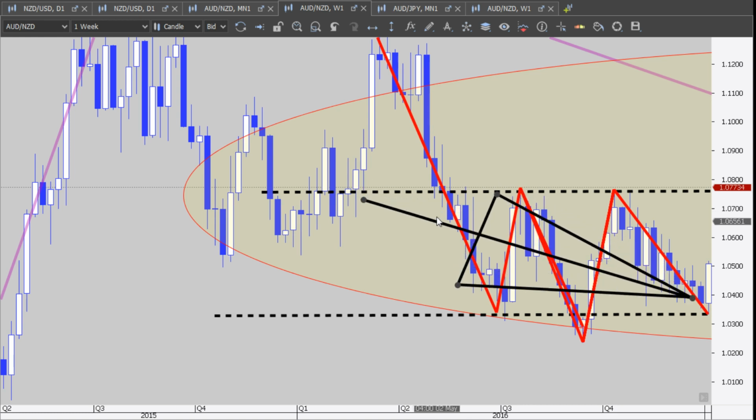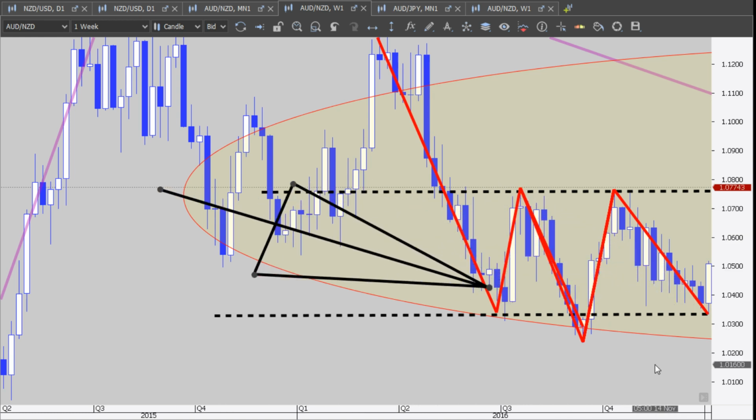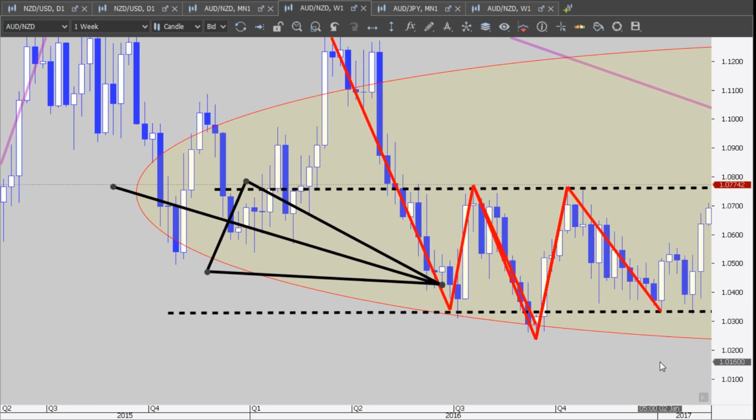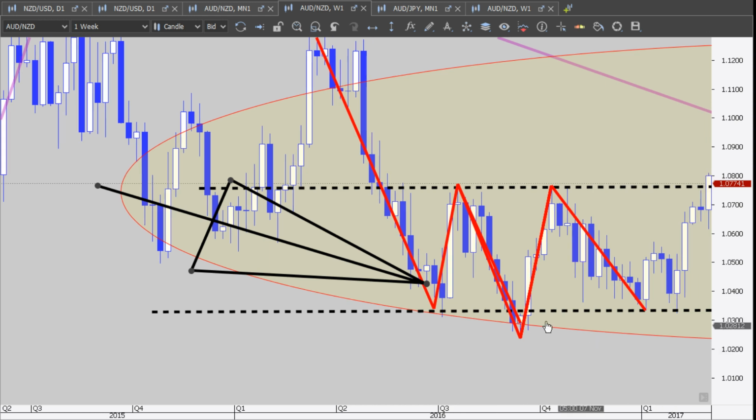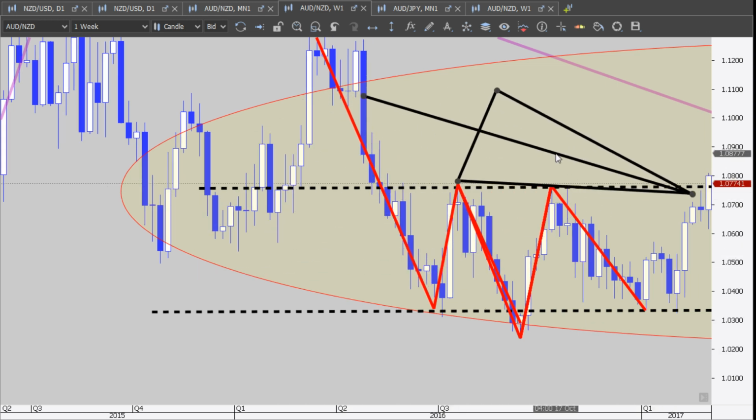So this would be an okay entry, right? And let's see, the market went up. Okay, bam, just broke, right? And should we take our profits up in here?